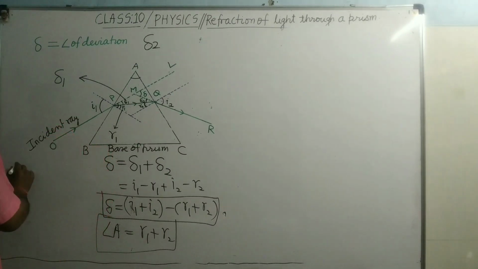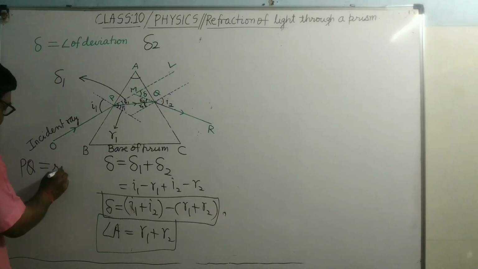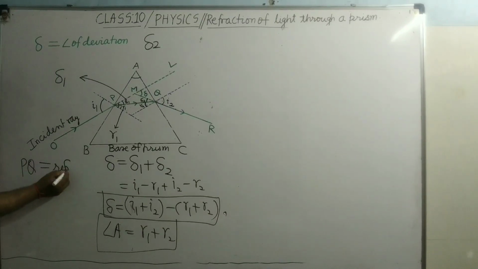PQ, which is inside the prism, is the refracted ray, and QR is the emergent ray.